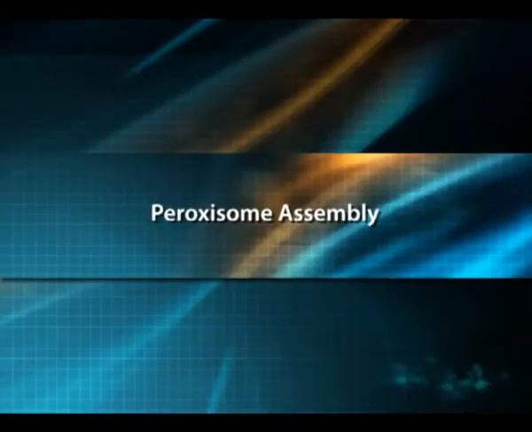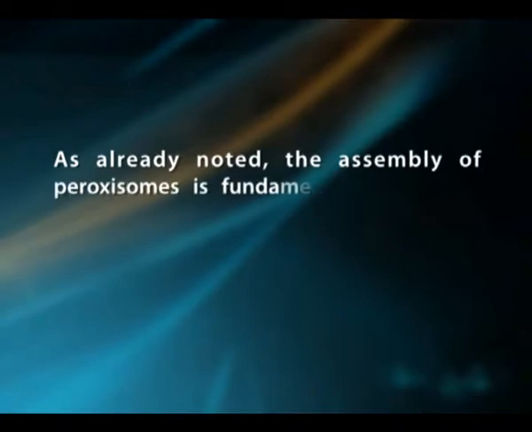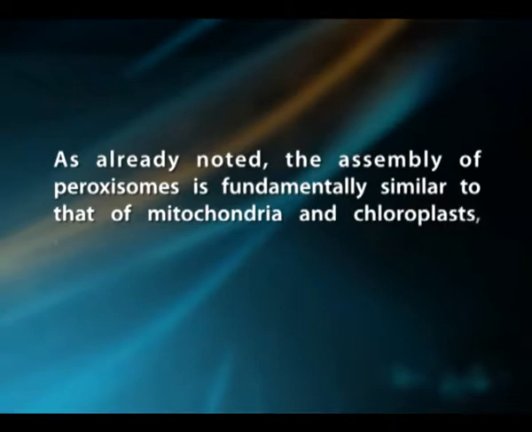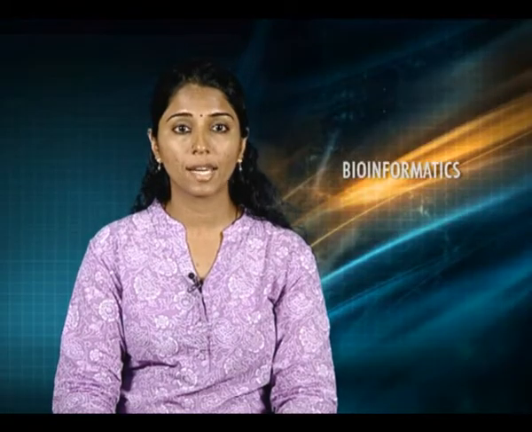Peroxisome assembly. As already noted, the assembly of peroxisomes is fundamentally similar to that of mitochondria and chloroplasts rather than to that of the endoplasmic reticulum, Golgi apparatus and lysosomes. Proteins destined for peroxisomes are translated on free cytosolic ribosomes and then transported into peroxisomes as complete polypeptide chains.